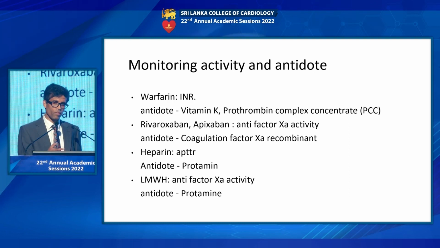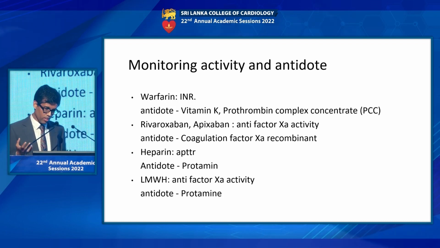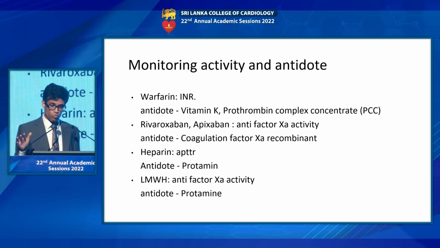With warfarin, we all know INR is the way that we monitor how effective the anticoagulation is. And as an antidote, if someone comes with bleeding, depending on how severe the bleeding, guided by the clinicians, we can decide whether just to stop and watch or whether we have to reverse anticoagulation. So we can use prothrombin complex concentrate or vitamin K or even FFP, all those.